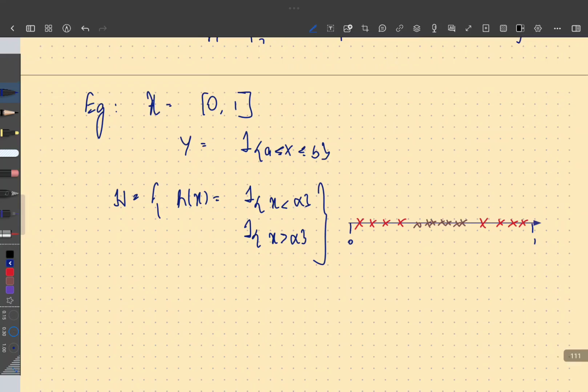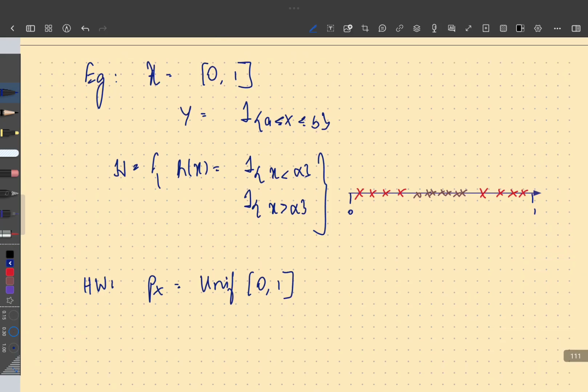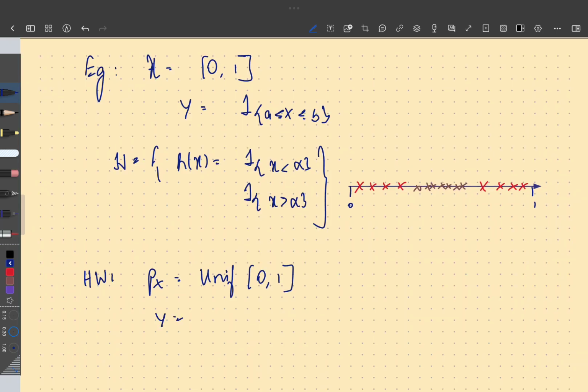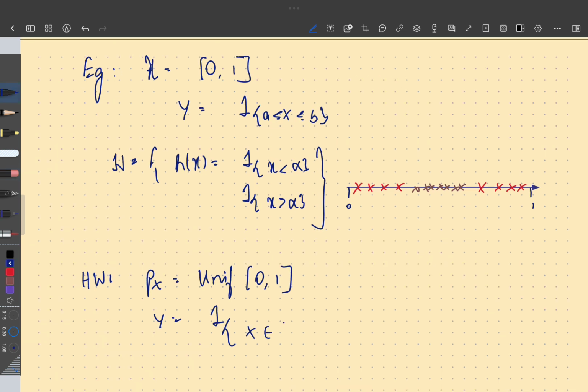Right. So here's a homework problem. Suppose that P_X is the uniform distribution over 0 to 1, and let's fix a particular ground truth. Let's say that y is the indicator that x is between 1/4 and 3/4.